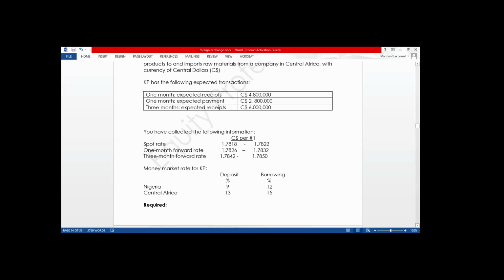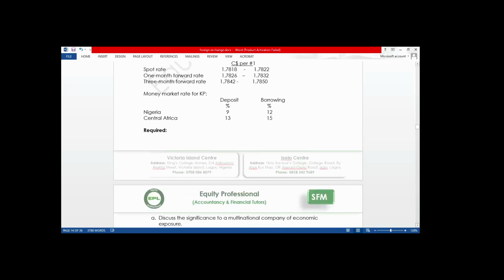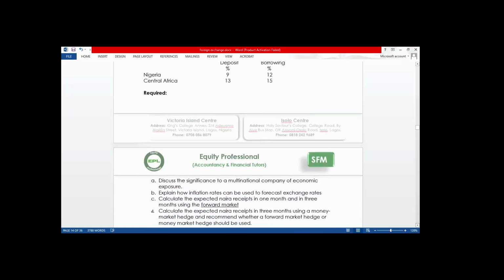Requirements A. For 5 marks, discuss the significance to a multinational company of economic exposure.